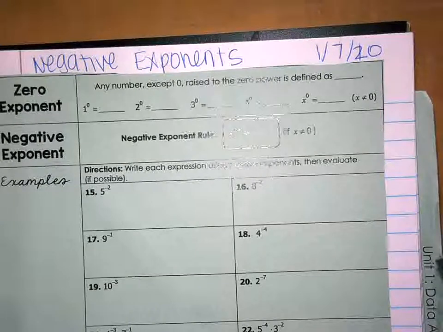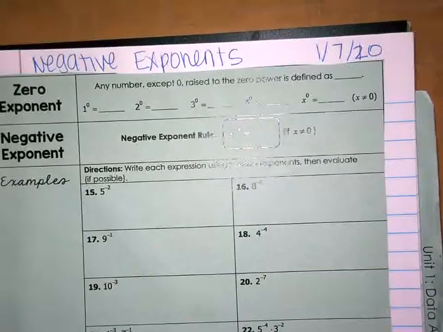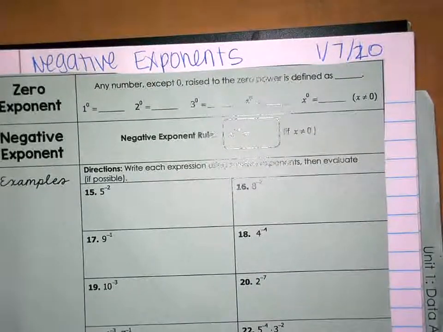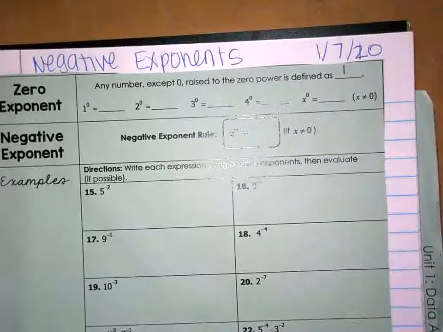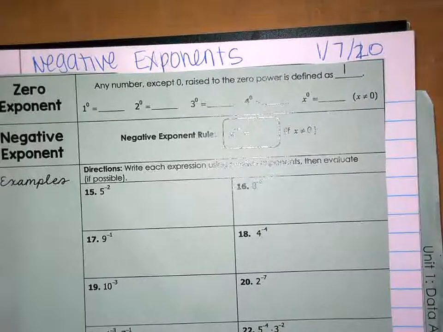So if I have 1 to the 0 power, what do you think it might be? This is going to be tricky. Kansas? 0. Nope. Jared? No. It is going to be 1. Which means 1 to the 0 power is 1.